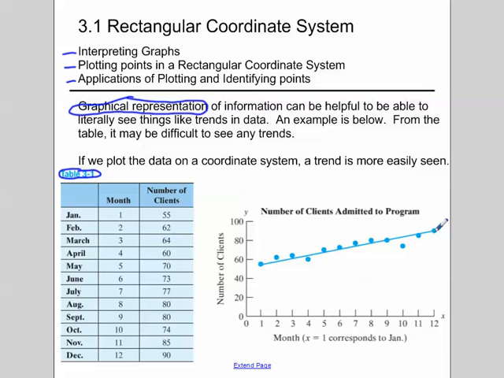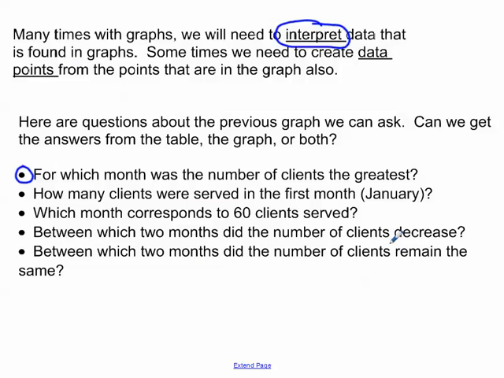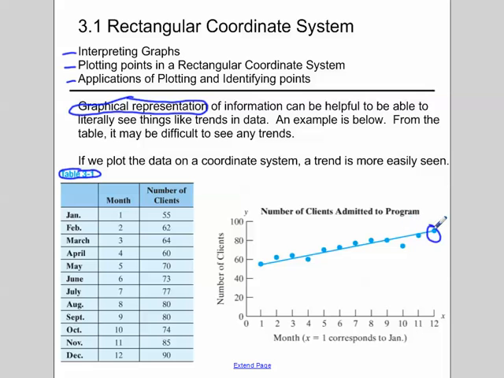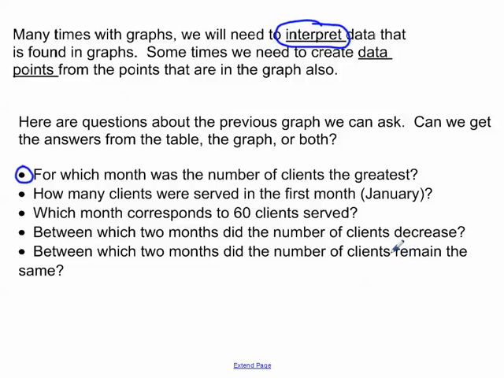The question was, for what month was the number of clients the greatest? The month was right here, number 12, so it was December. It's not asking what the number was, just what month. So right there is my highest data point, and sure enough, that's month 12. In my mind, it's probably easier to look at the graph for that information.